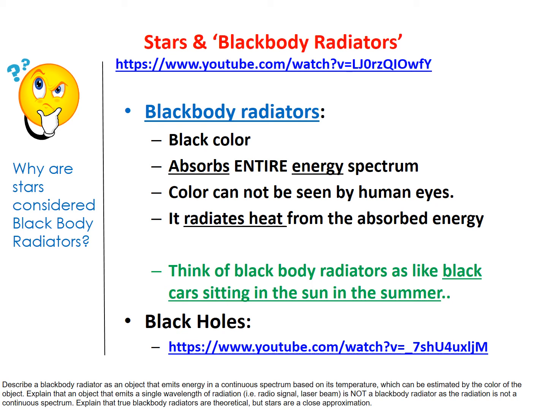So the idea of the black body radiator is that they absorb all energy, but they radiate heat. Again, there's a video link right there if you want to copy and paste it and look about black holes. It's kind of cool. It's not anything we're filling in our blanks, but it's just there for fun. And that covers everything we wanted to deal with in this one.